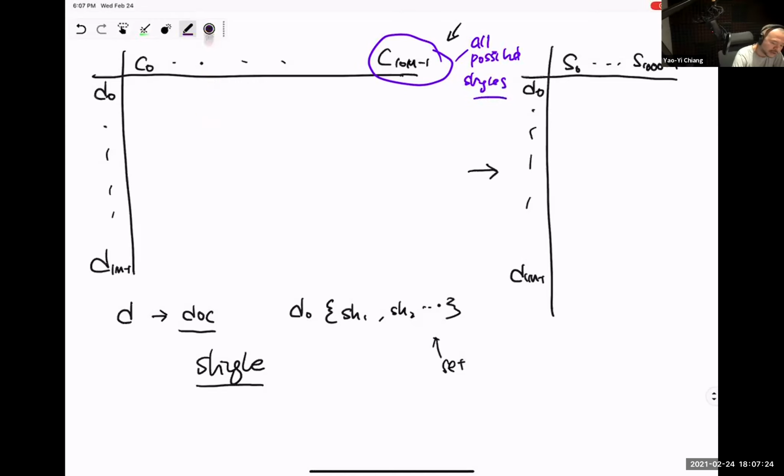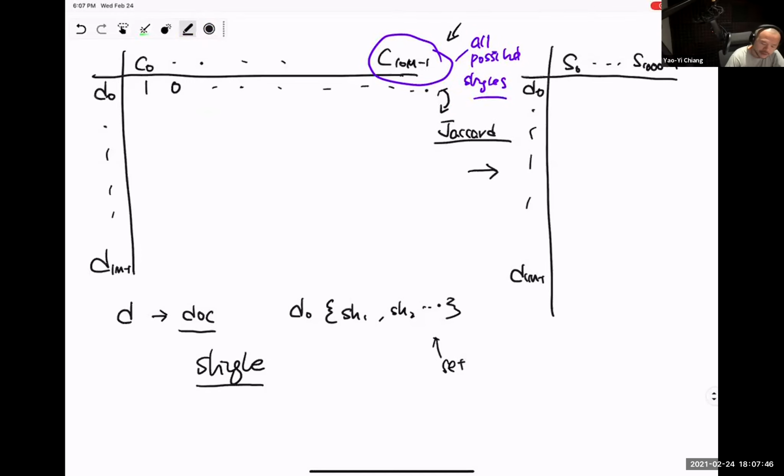And in the matrix, if your D0 contains that shingle, you will have 1. If you don't, you have a 0. So that's it. And to compare two rows, to figure out their similarity, because these are two sets, we are using our Jaccard similarity.